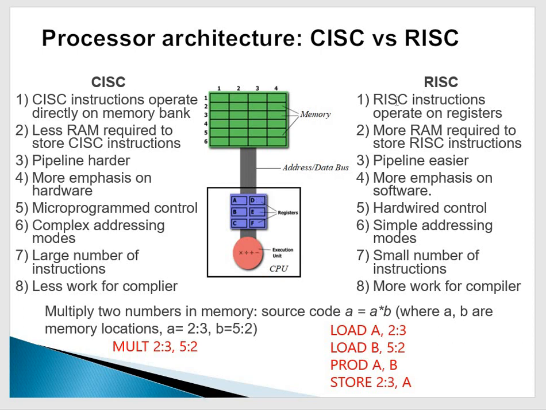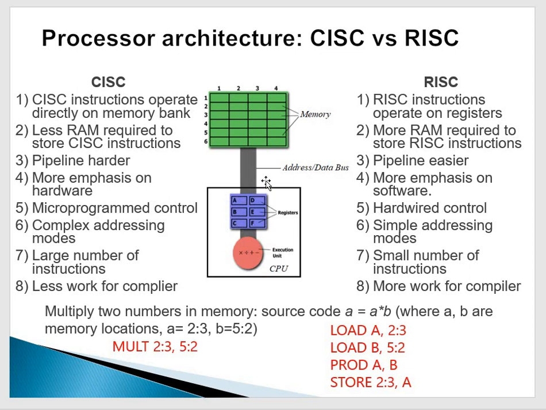But on the other hand, in case of RISC, the processor can perform the arithmetic or logical operations only on the registers, and these are the registers. These are the internal registers of the CPU. So in case of RISC, whenever we want to perform any operation, that particular data must be available within these registers only.